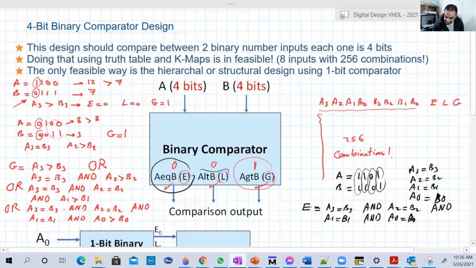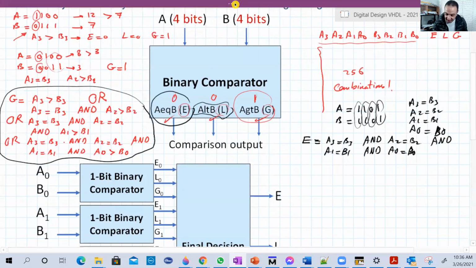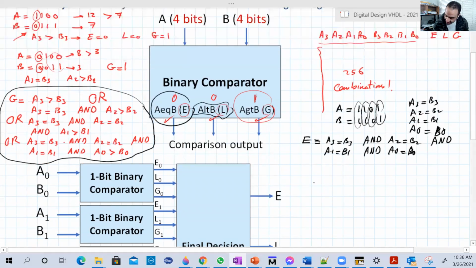How about L? You can make L something very similar to G here. Very similar. Okay, so for L, it will be 1 if first A3 is less than B3.